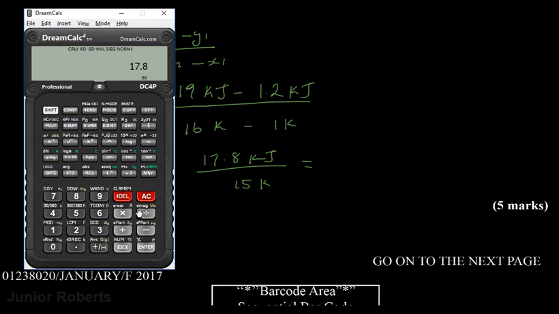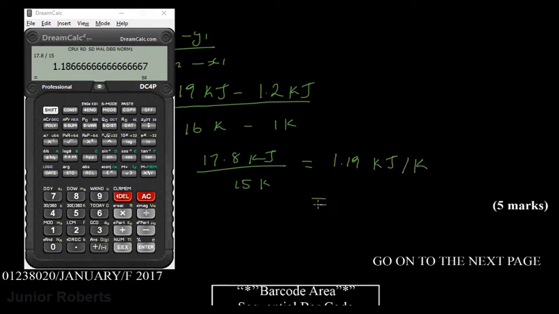So if we go 17.8 divided by 15, we get 1.186. We can write this to 2 decimal places, or 3 significant figures, and we get it as 1.19. In this case it's going to be kilojoule per Kelvin.